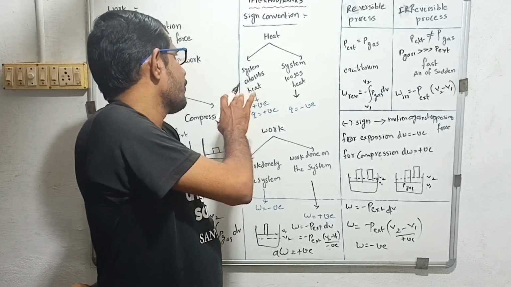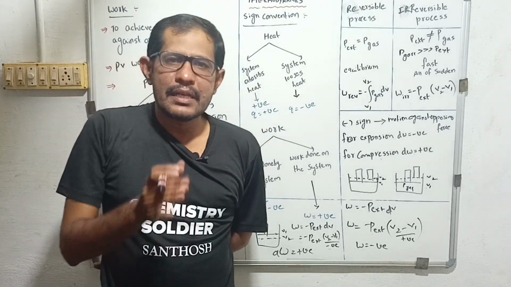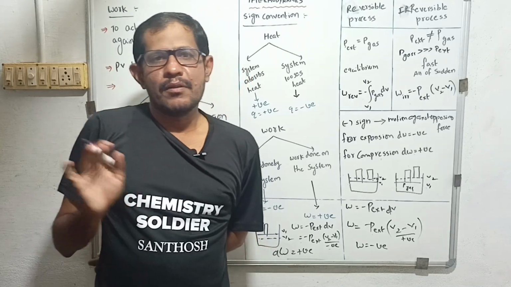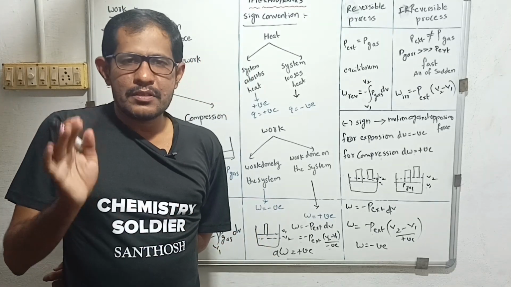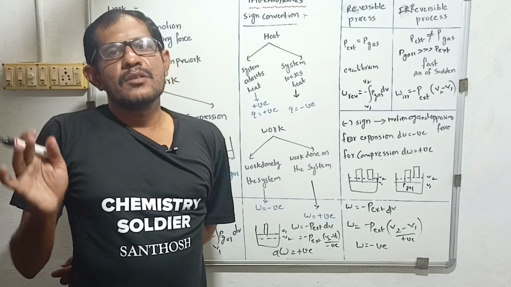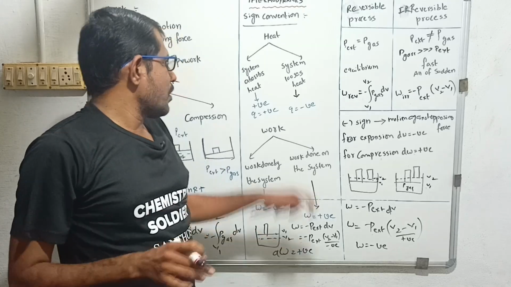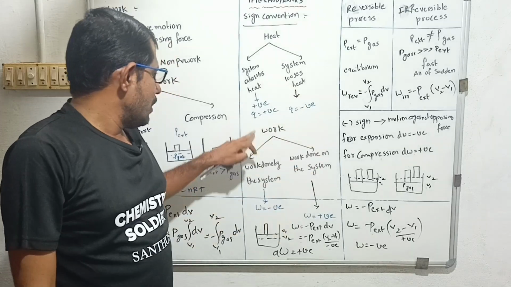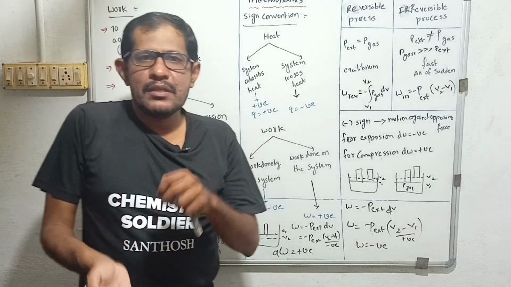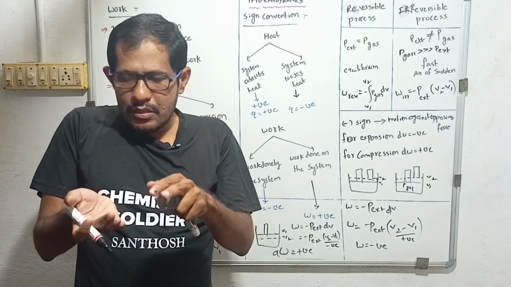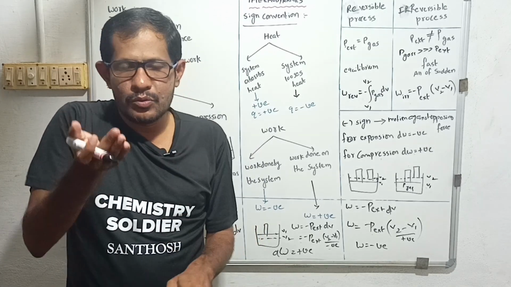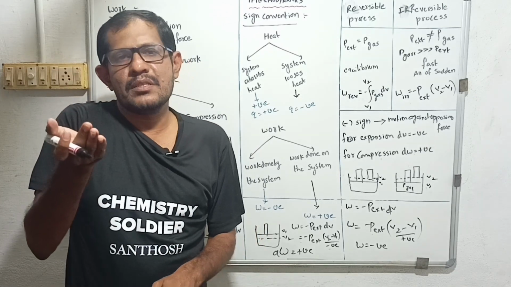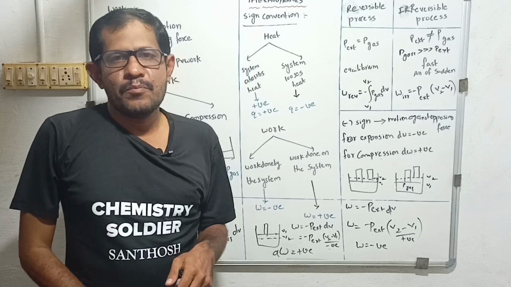Next, sign: if the system absorbs heat, it gains energy, so a positive sign will come. If the system loses heat, it loses energy, so a negative sign will come. Work done by the system is negative, work done on the system is positive.